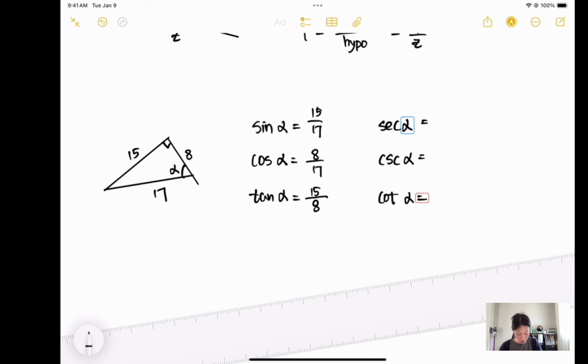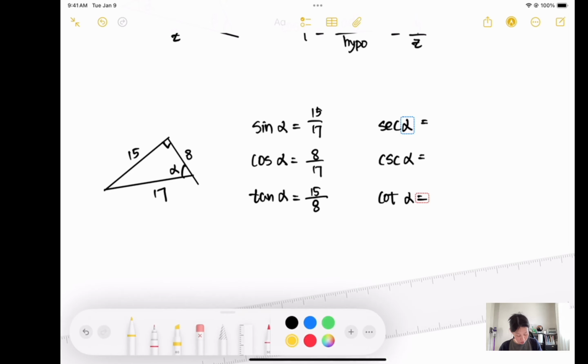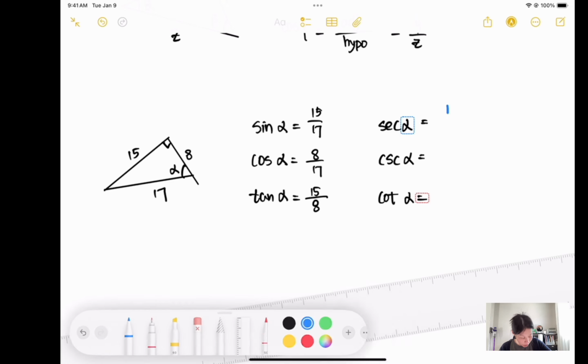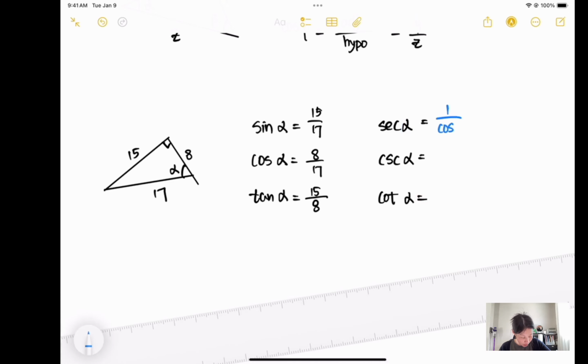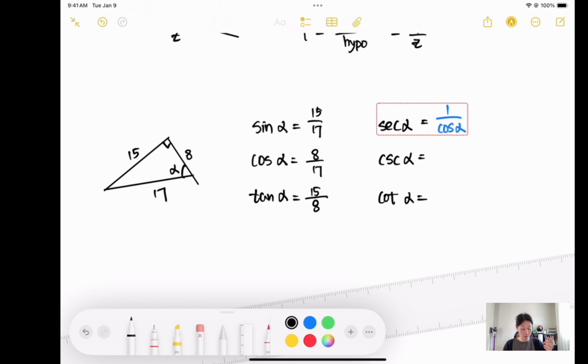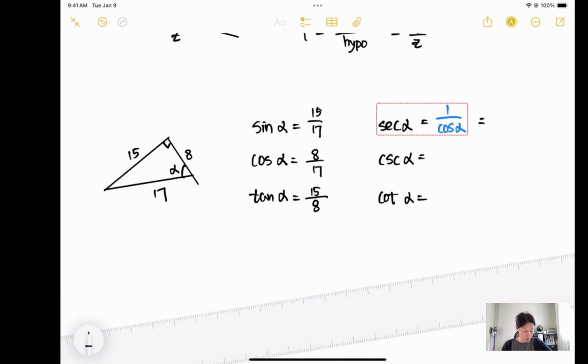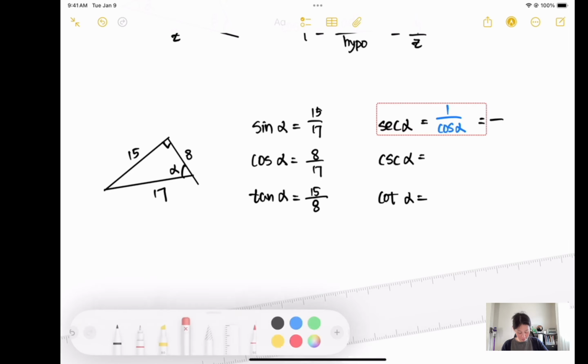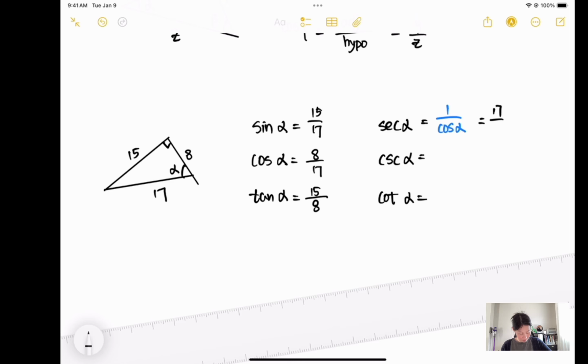Remember that this is the reciprocal of cosine, right? So secant alpha is going to be 1 over cosine alpha. So we need to flip the cosine, which is 17 over 8. Or you can remember that this is the hypotenuse over the adjacent.